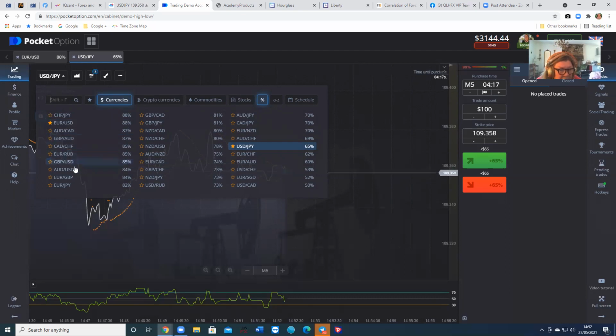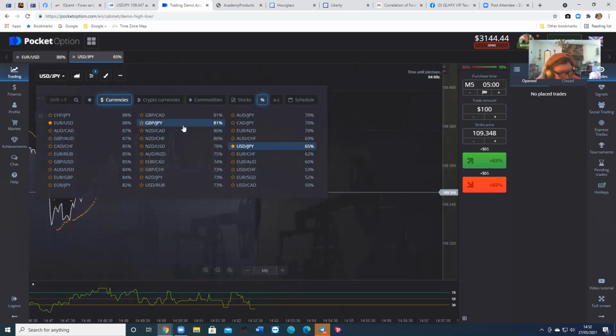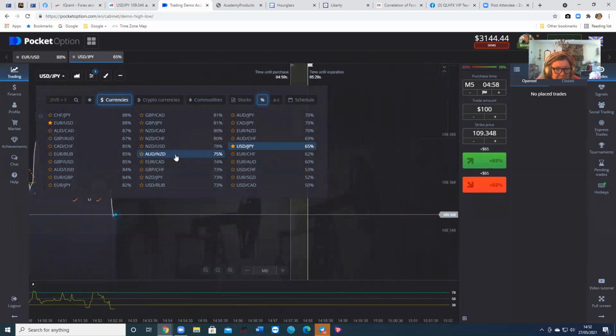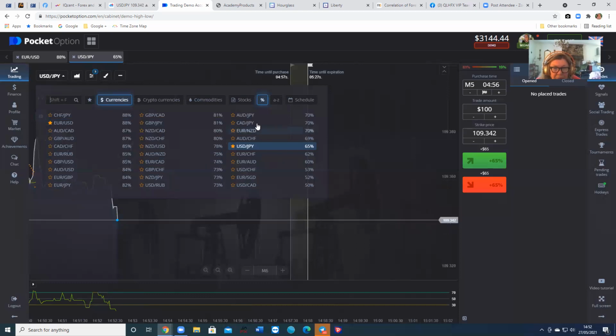Let's see what else we've got. AUD USD 84. Euro JPY 82. GJ 81. That'll do. UJ, which I do like, obviously, I like it very, very much, but it's only 65.